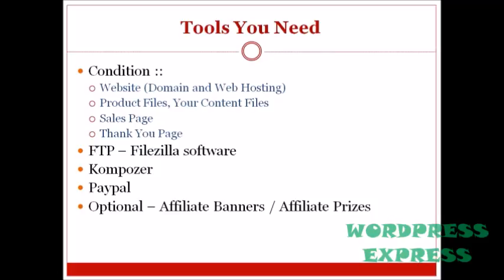And you do need a PayPal business account. And also optional, you would like to have affiliate banners and affiliate prizes for your affiliate program and affiliate contests. Now, if you don't have these items, I will show you where to go to create these affiliate banners and so forth. And of course, a little patience.